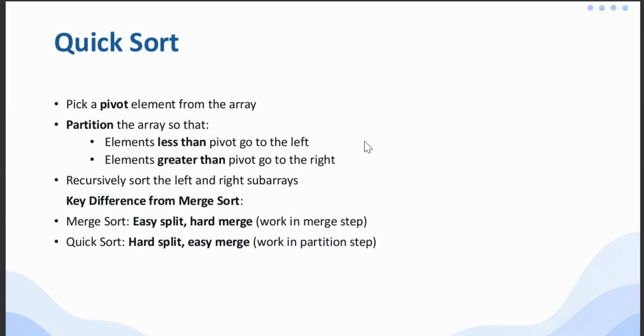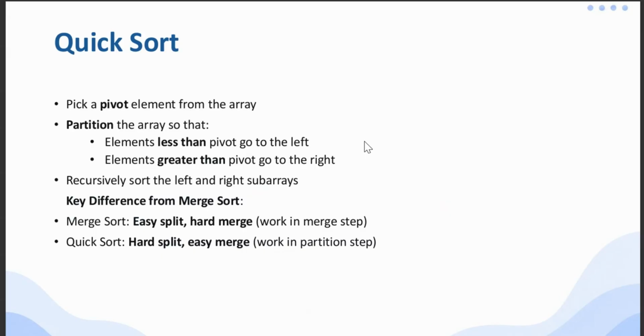The core idea behind quick sort is different from merge sort. In merge sort we divided the array into halves until we got single elements, right? Here, instead of dividing the array into equal halves and doing the hard work during merging, quick sort does the hard work during the division, right?